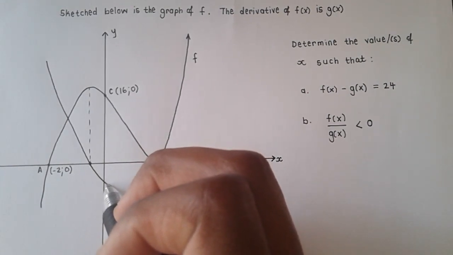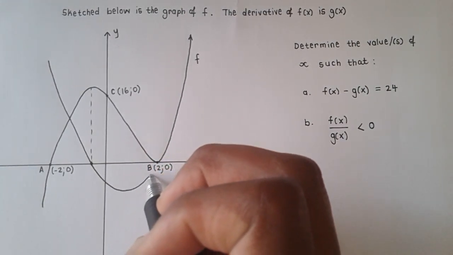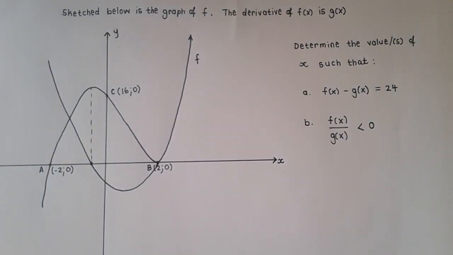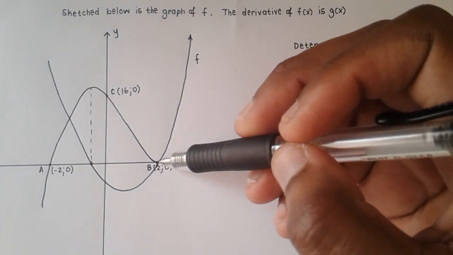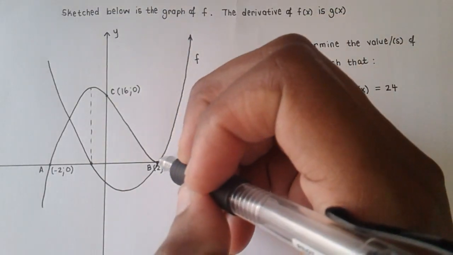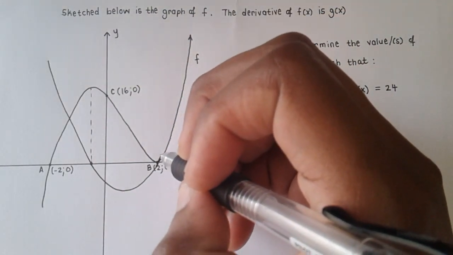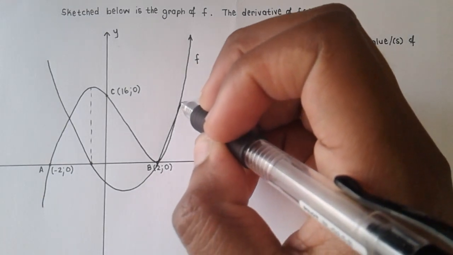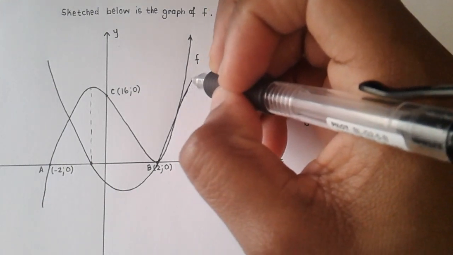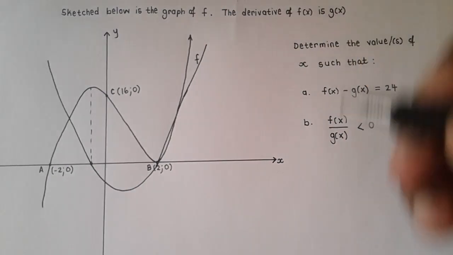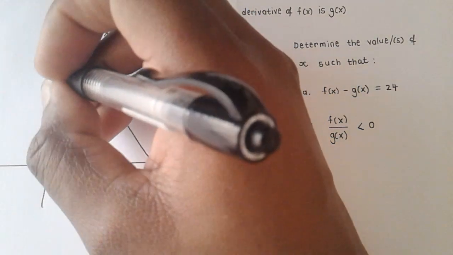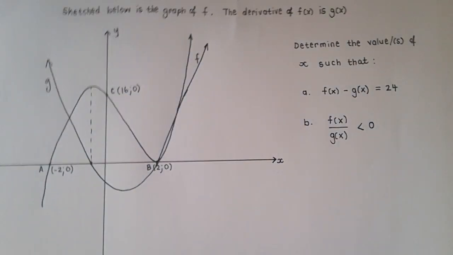Because it's a parabola, it's going to turn at some point. Then the gradients on f are increasing again, so g has to start being above the x-axis again. Maybe not the most accurate sketch of g, but there we go.